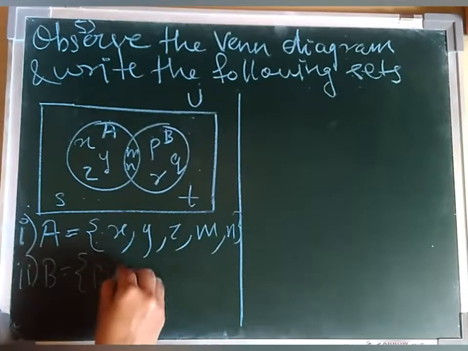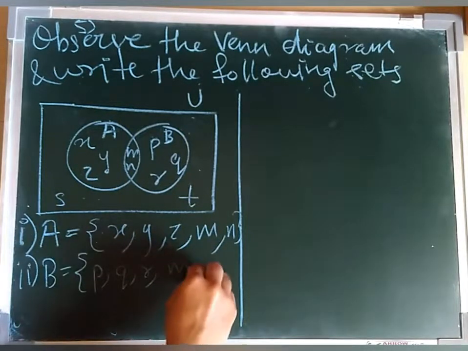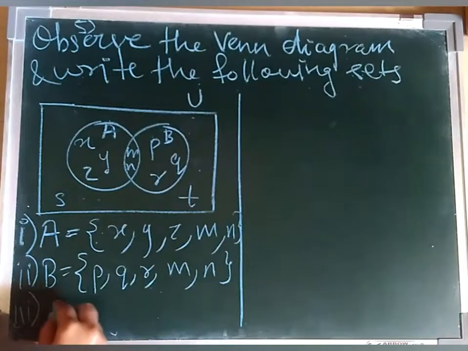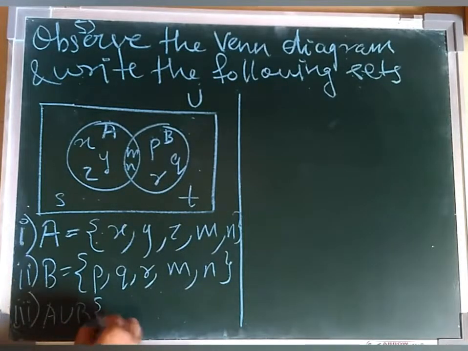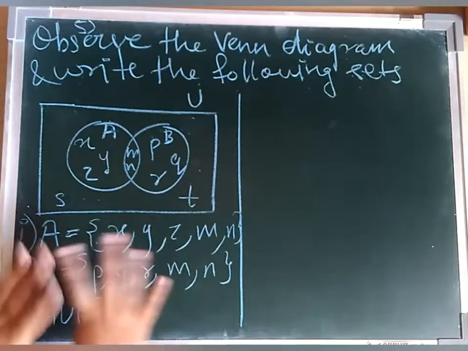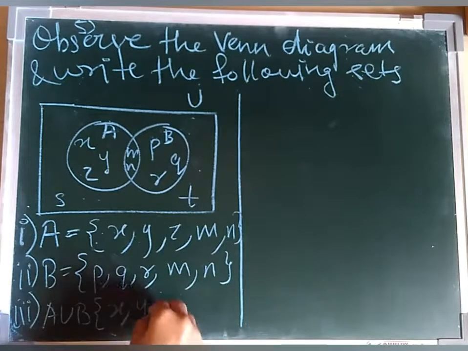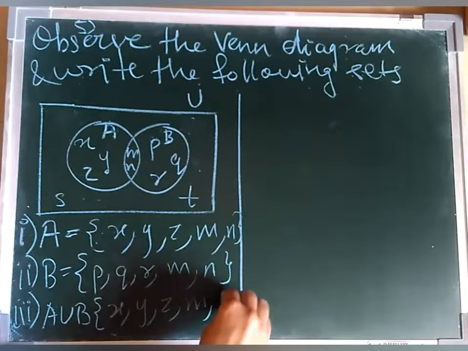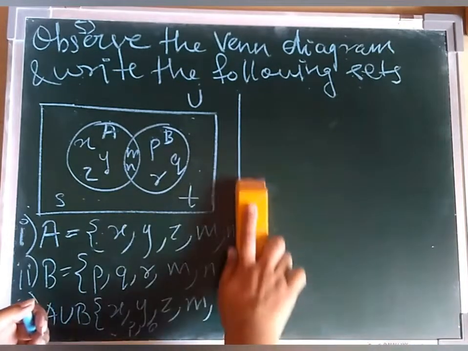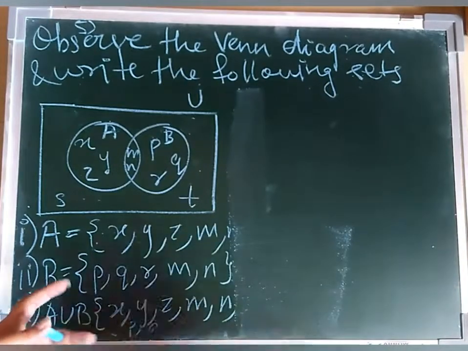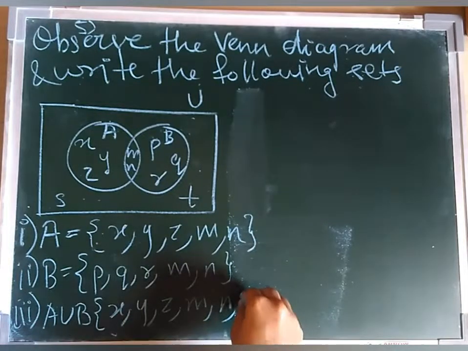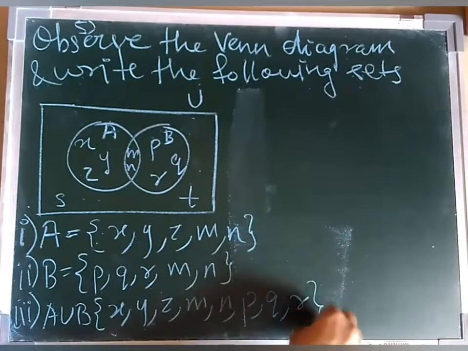So they are P, Q, R, M, and N. Third, they have asked A union B. That means I have to write the elements in A and B together without repetition of any elements. So they are X, Y, Z, M, N, P, Q, and R.